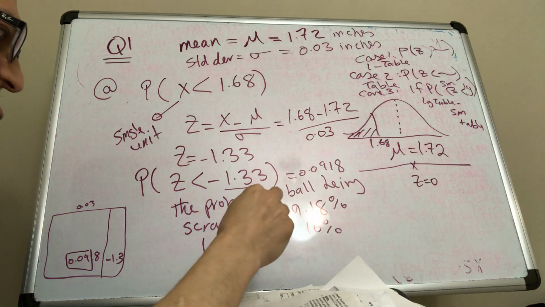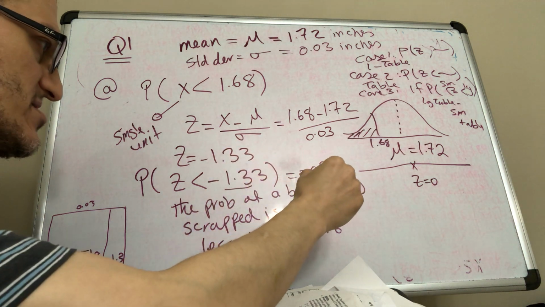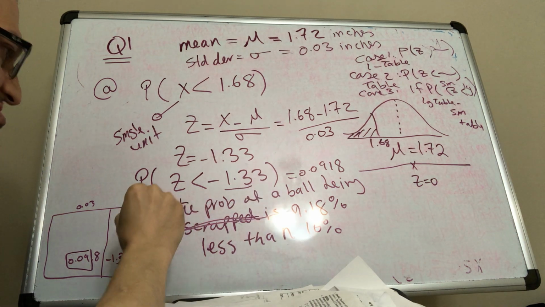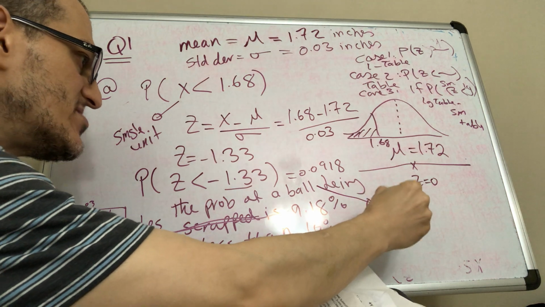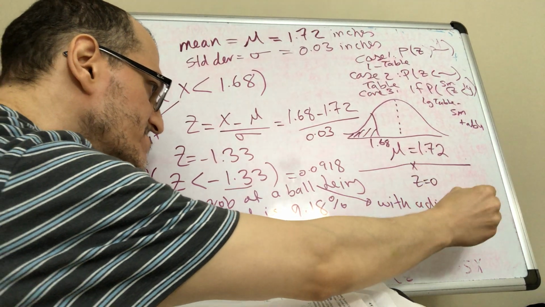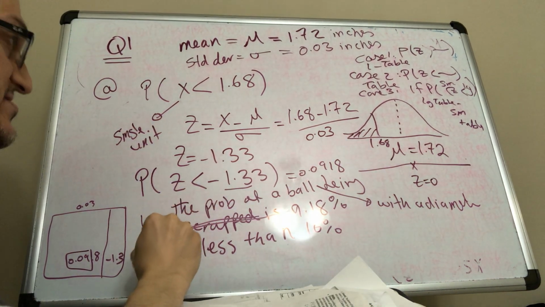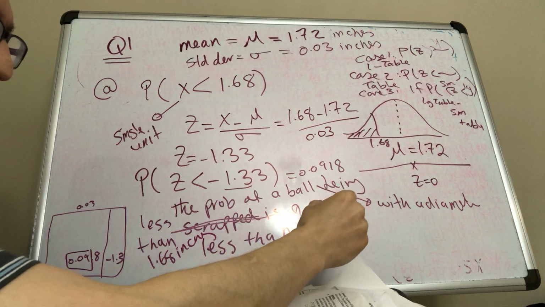So the probability of a ball with a diameter being less than 168 inches is 9.18%.